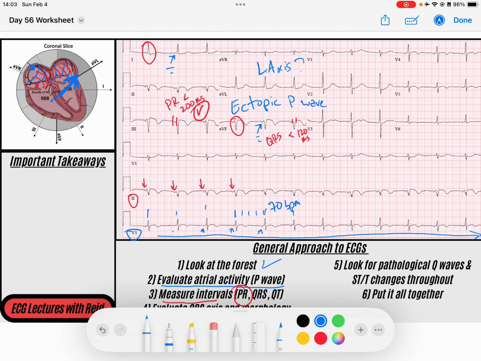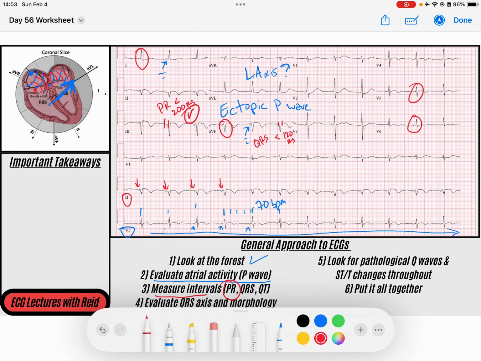Okay. What can cause left axis? Well, we know maybe bundle branch blocks can cause left axis deviation, but this is a narrow QRS, so this isn't a bundle branch block. Maybe hypertrophy could, left ventricular hypertrophy, but I don't see any evidence of that when I look at my lateral leads here. I don't really see any large forces. So okay, and we'll maybe understand why this is happening here in a little bit.